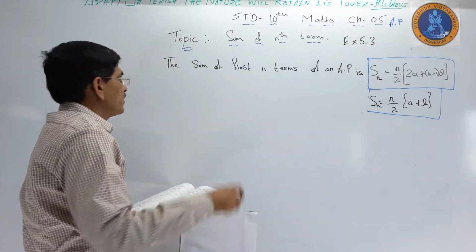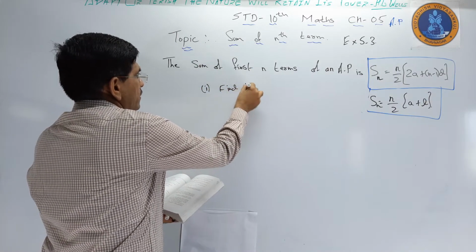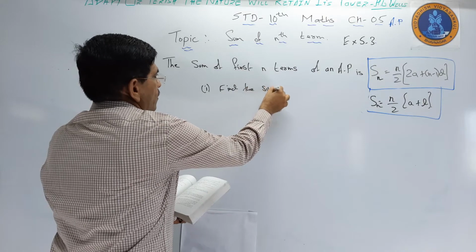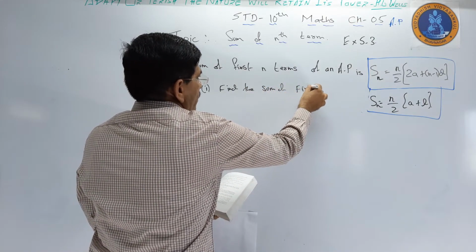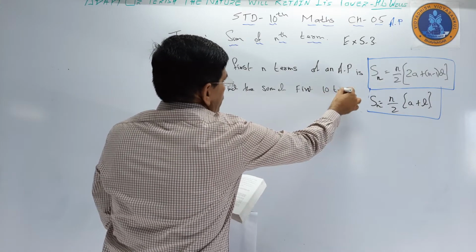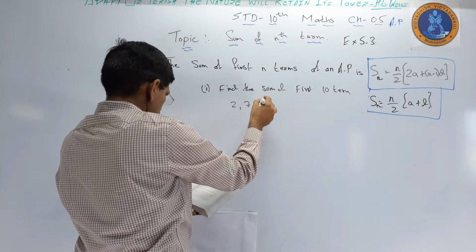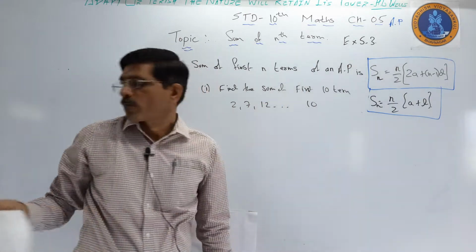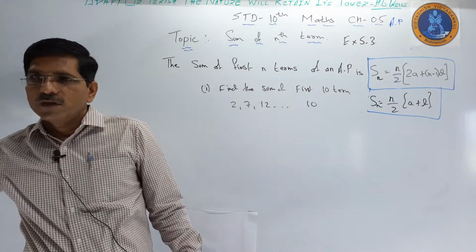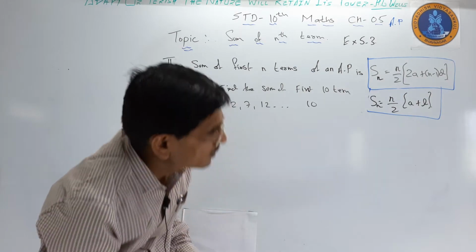So exercise 5.3, we are discussing question number 1. Find the sum of first 10 terms. First 10 terms means here 2, 7, 12 up to 10 terms.